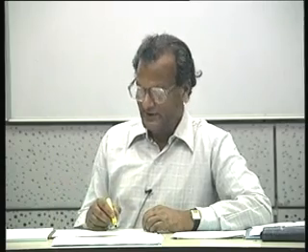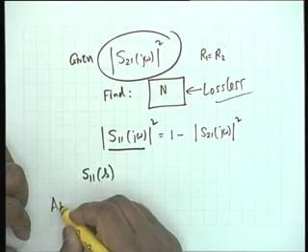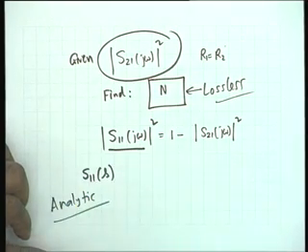It turns out from the theory of complex variables that this can be done provided the function S11(s) is, what is the word for it? Have you done a course on complex variables? Yes, analytic. What is an analytic function? It has derivatives of all orders at every point except at a finite number of singularities.